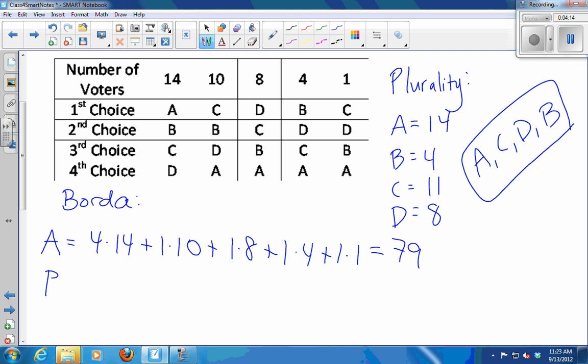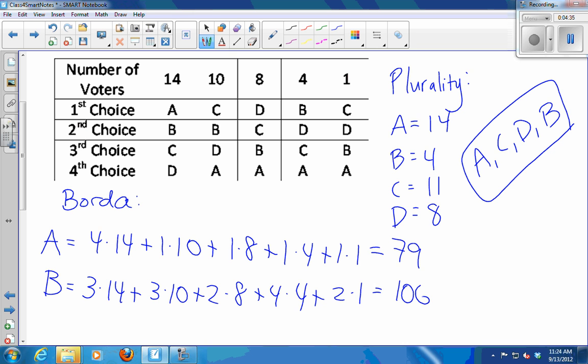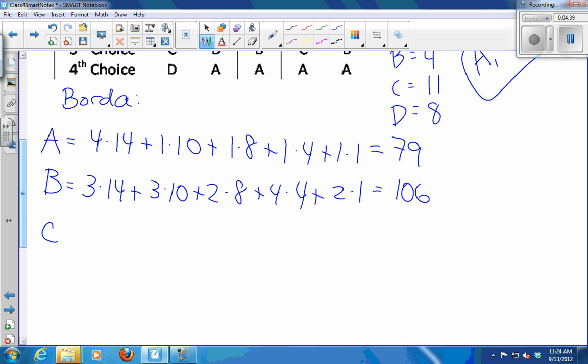And then B is going to be 3 times 14 plus 3 times 10 plus 2 times 8 plus 4 times 4 plus 2 times 1, and that came out to 106. And then C, I won't go through the whole thing. What's it come out to? 104.